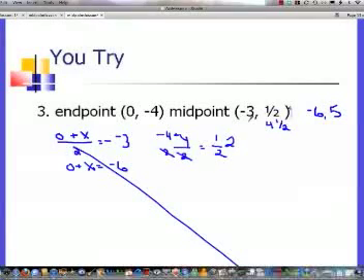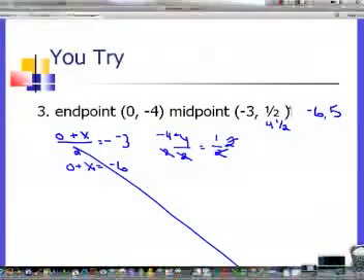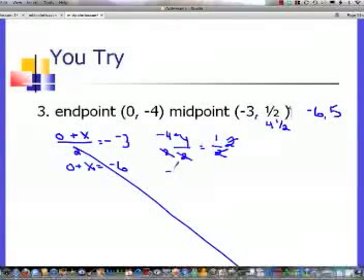I hate to say it cancels out. We kind of get in a bad habit of saying that. But it's really just that it turns into 1. So I get negative 4 plus y equals 1. And then how am I going to get y by itself? I'm going to add 4, and I get 5.